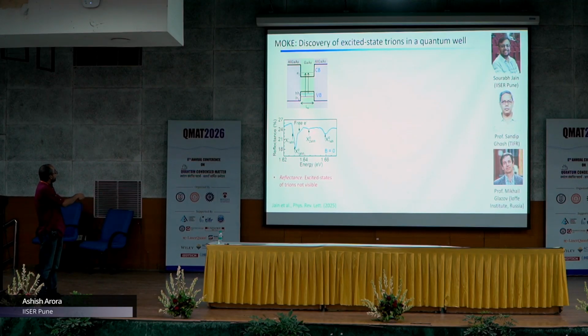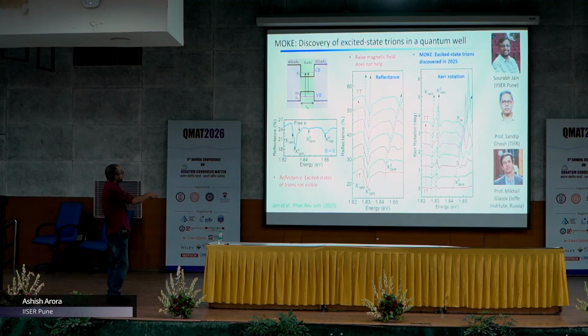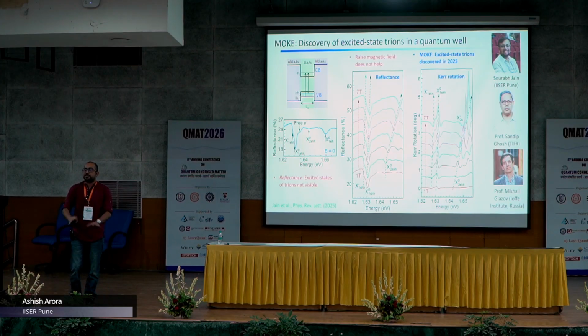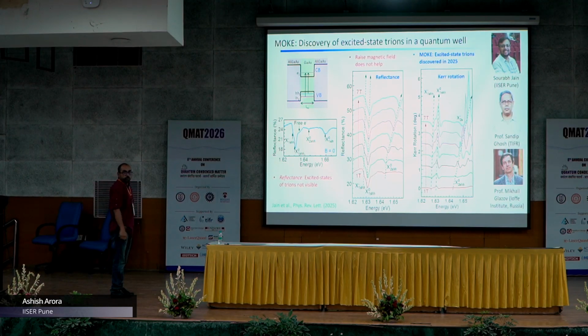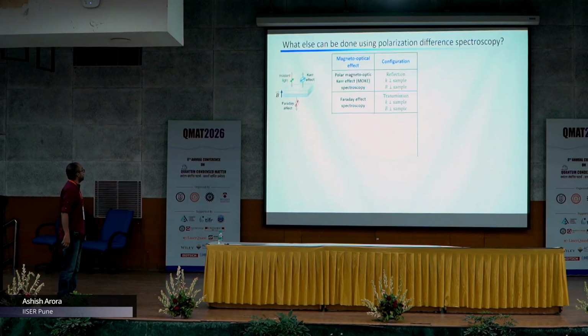And this excited state of a trion should appear somewhere there, not visible. Apply magnetic field, it should gain strength, but still not visible. It should be somewhere there. But as soon as we measure Kerr rotation, a beautiful signature appears. We measure all its properties and we find that this is a trion. So this was the discovery which happened only due to the Kerr effect, or the sensitivity of this technique.